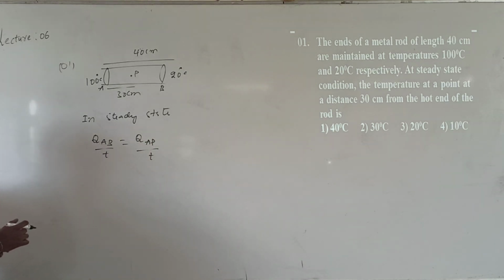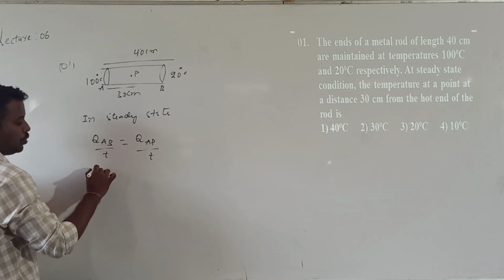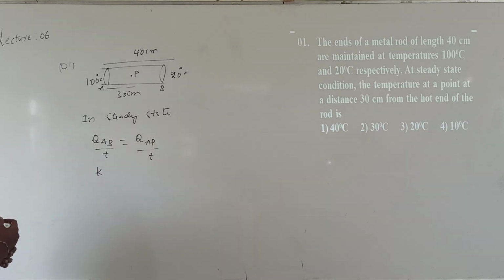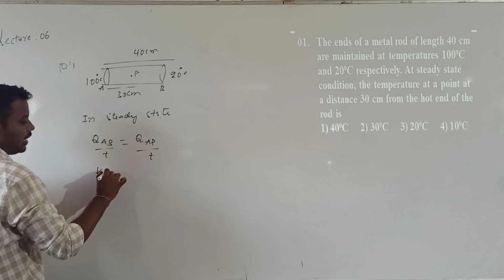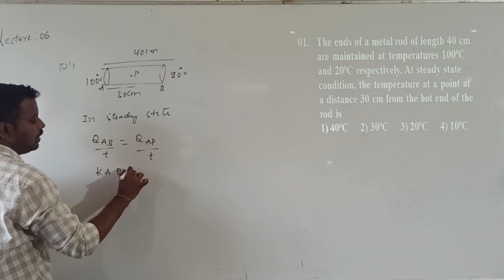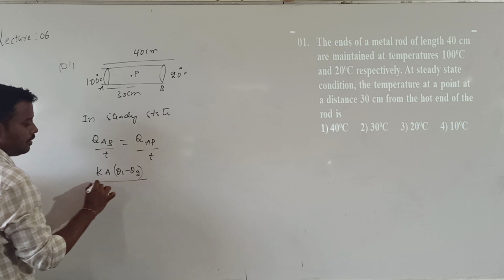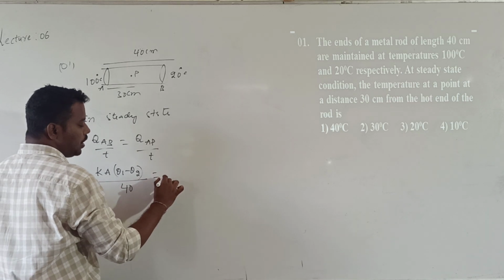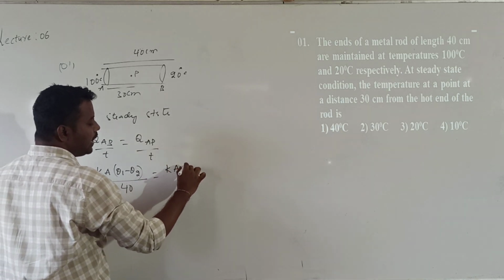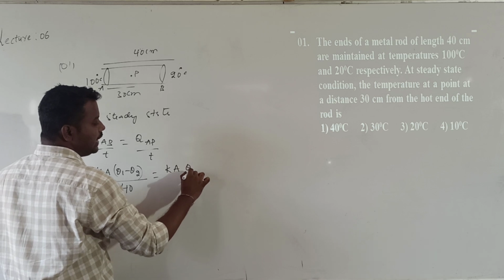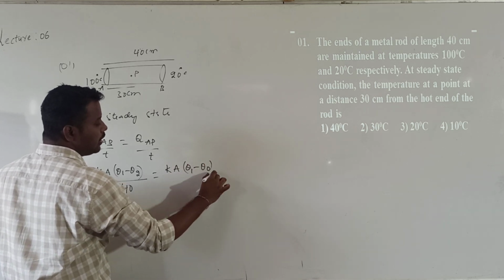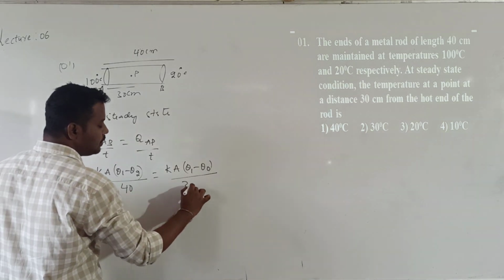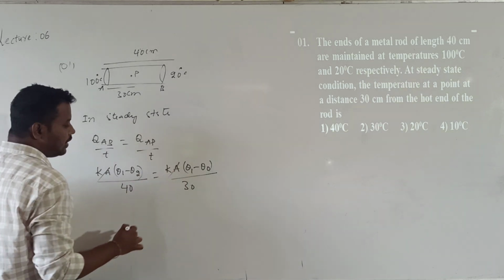So Q_AB is given by K, the thermal conductivity, into area A into (theta 1 minus theta 2) divided by L, which is 40 centimeters, equal to K into A into (theta 1 minus theta), where I call the temperature at that point theta, divided by 30 centimeters. So K and A cancel.